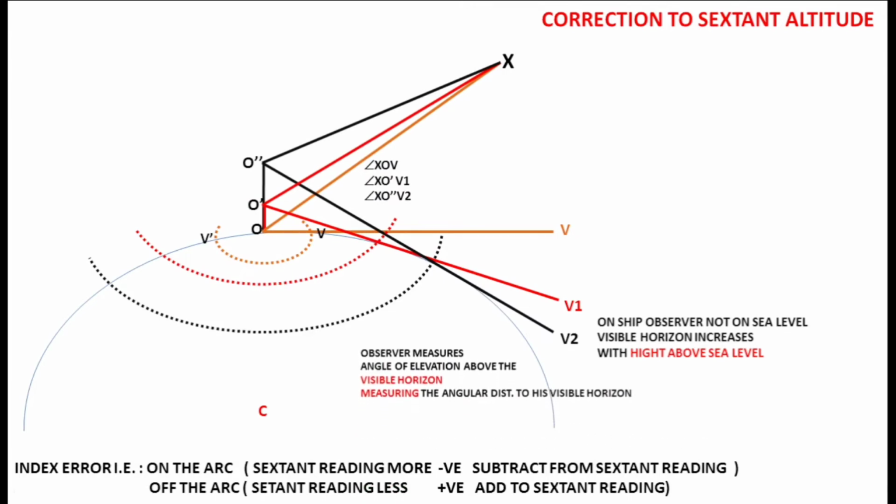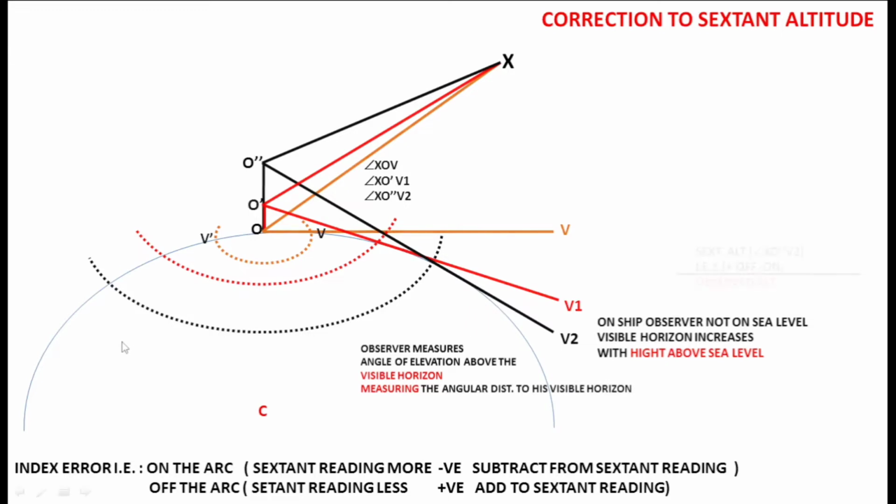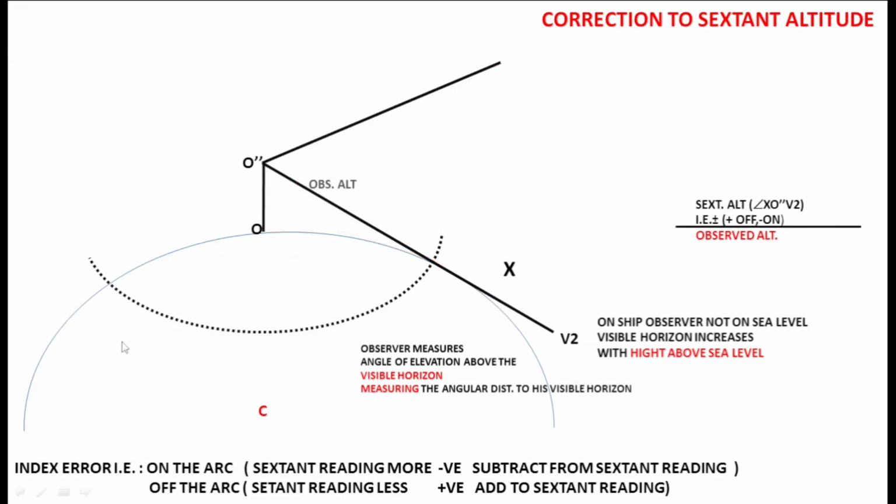And depending upon whatever height I am at, I will be observing the altitude of this body above my visible horizon. So what I have observed from the body to the visible horizon is my observed altitude, taking into account the index error of the sextant.